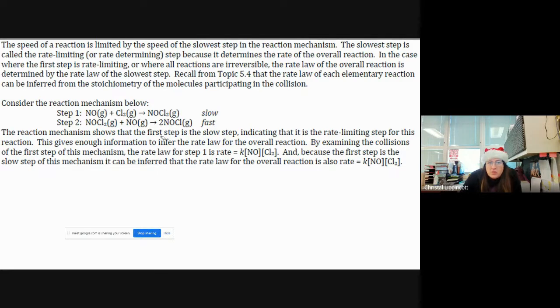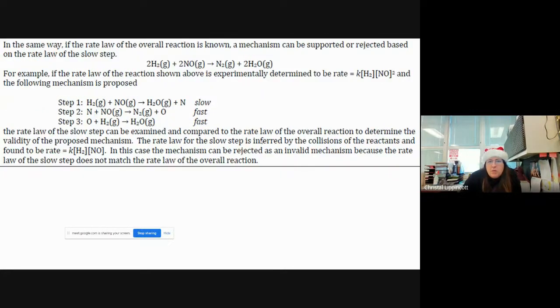So here they're telling us that the first step is the slow step. That's the rate limiting step, and that then is going to determine your rate law. So remember, rate equals k, which is your rate constant, times the reactants of your slow step. So that's the NO and the Cl2, no powers there because they're both ones. All right, here again, we've got another example.